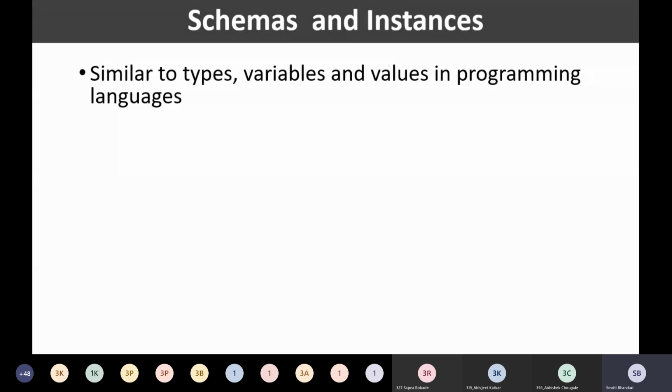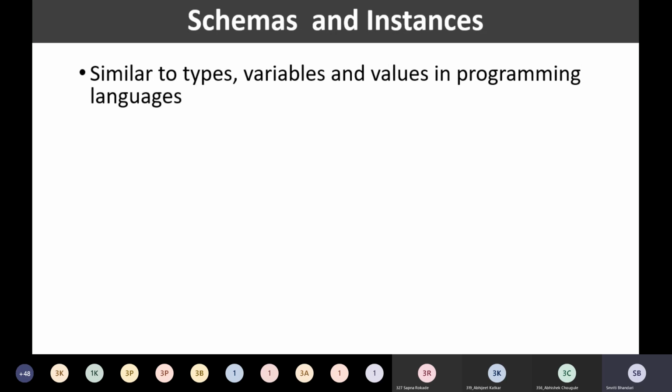You are aware of data types, and variables declared for a particular data type, and it is possible for us to assign values to the variables. You are aware of this terminology, data type, variable and value, because these are the terms we use in any general purpose programming language.